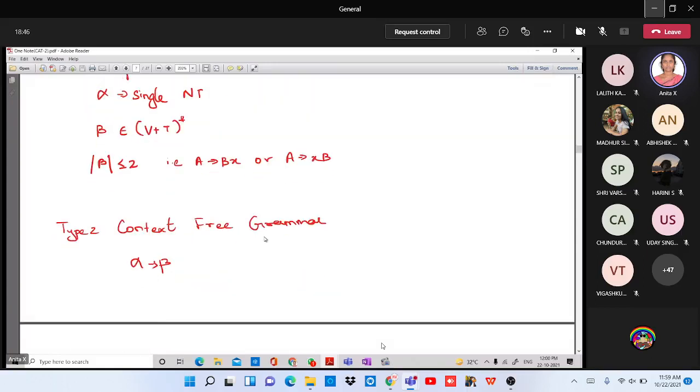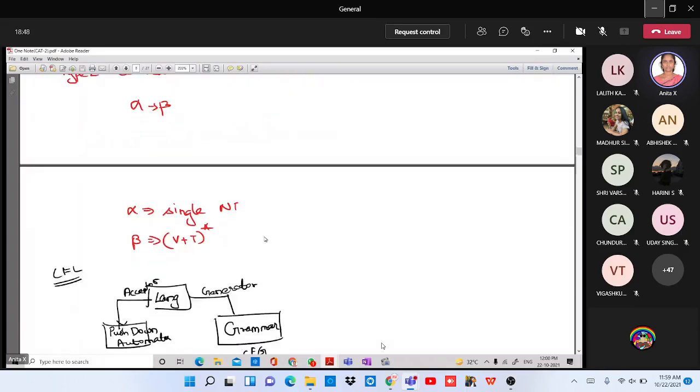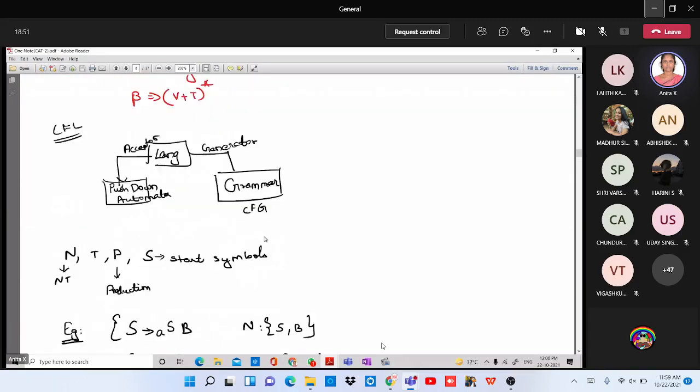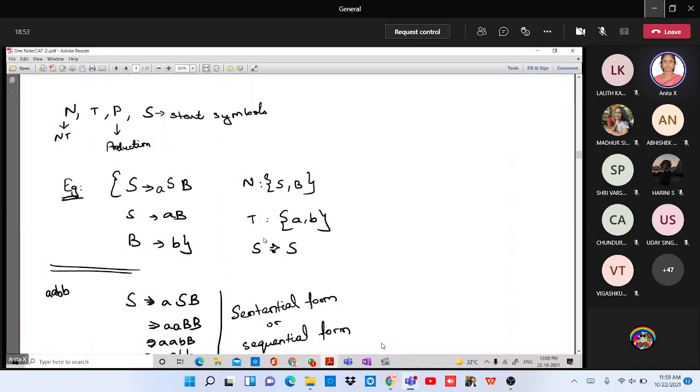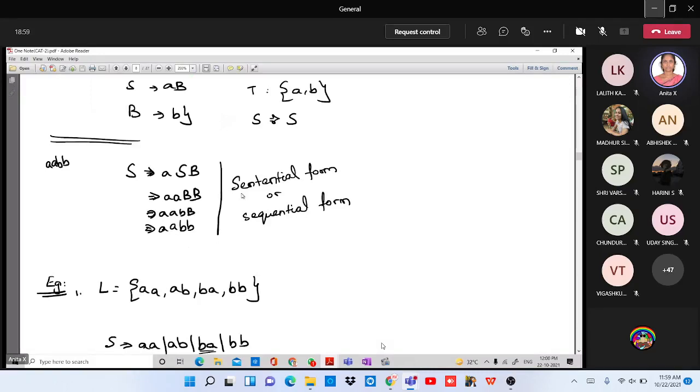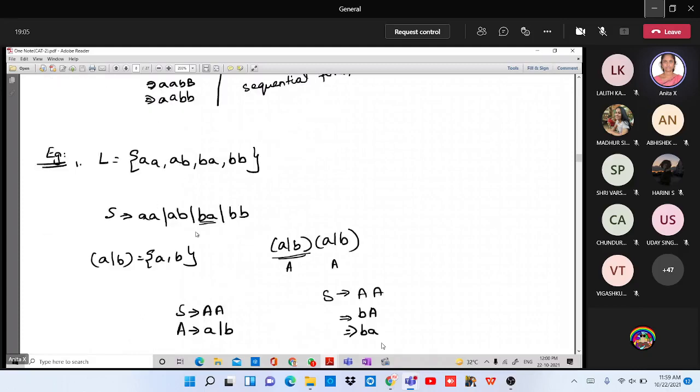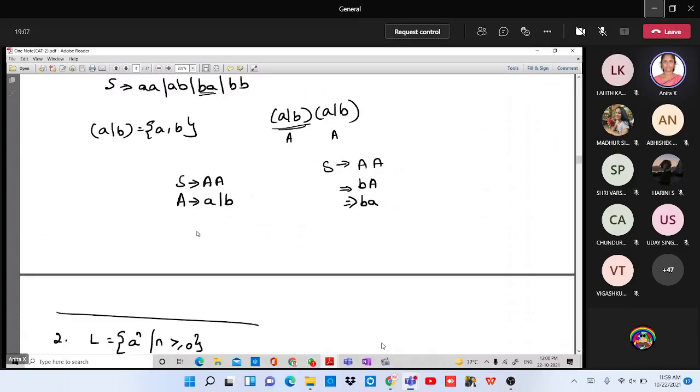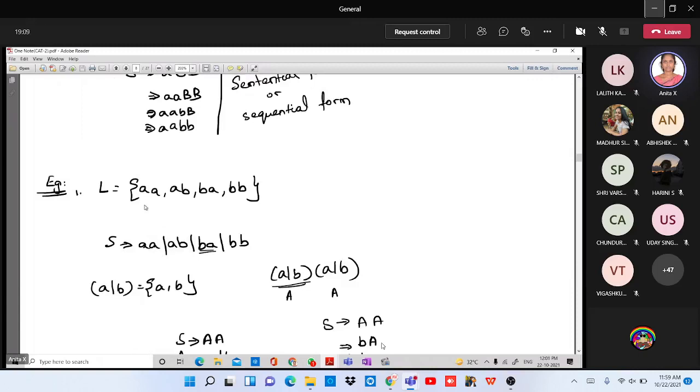Designing the grammar. Please make a note, try working out examples, okay? So here, grammar we have already discussed. These are the tuples of grammar, okay? Here, if we talk of grammar, this is the sentential form, right? Yes, if I am deriving from the leftmost non-terminal, okay?